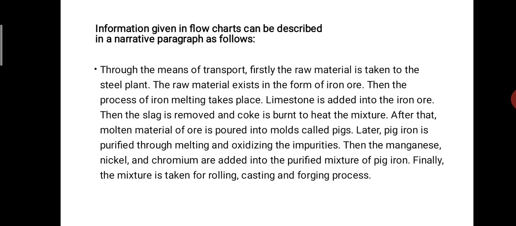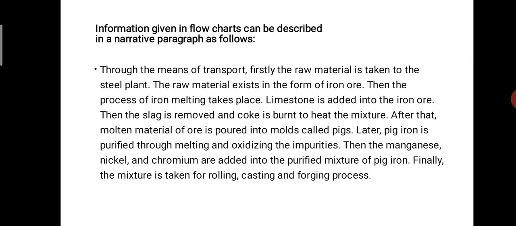Through the means of transport, firstly, the raw material is taken to the steel plant. The raw material exists in the form of iron ore. Then the process of iron melting takes place. Limestone is added into the iron ore. Then the slag is removed and coke is burned to heat the mixture.